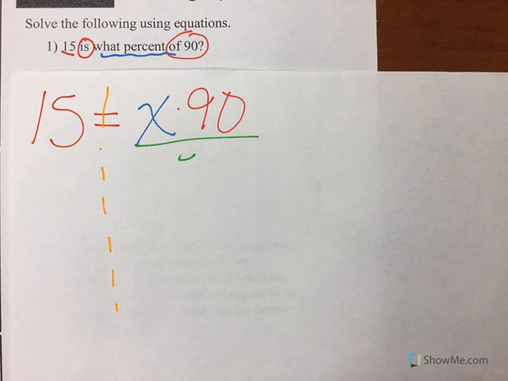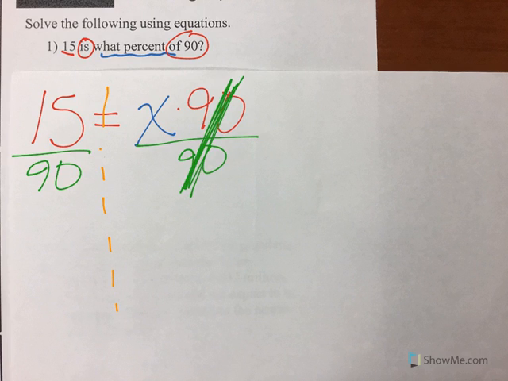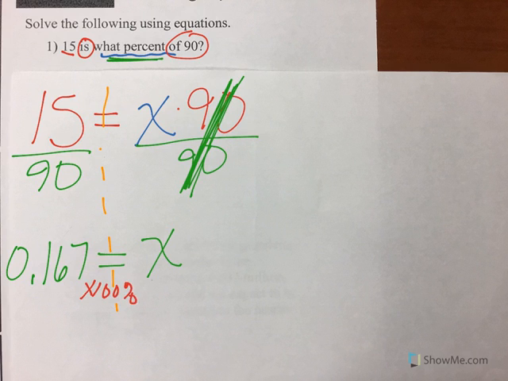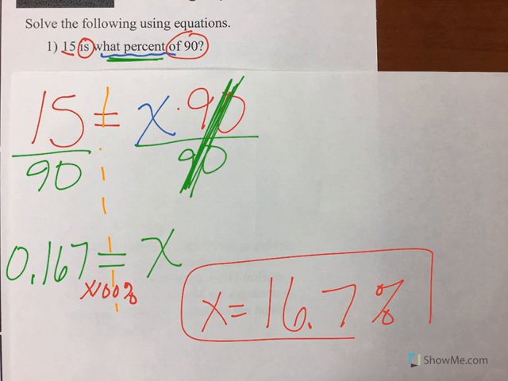Because the 90 is touching x, that's what we're going to divide by. Because we want these to go away, 90 over 90 is just 1. So I'm left with 1x equals, and I'm going to just round to 0.167. Now again, we need a percent. So I need to multiply this by 100%, which gives me roughly 16.7%.